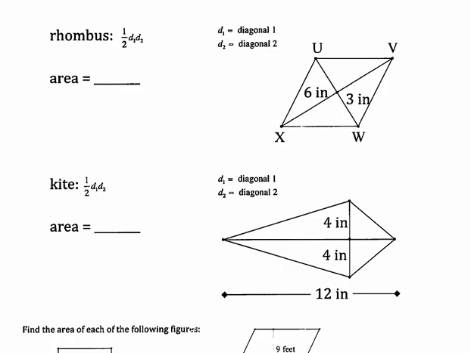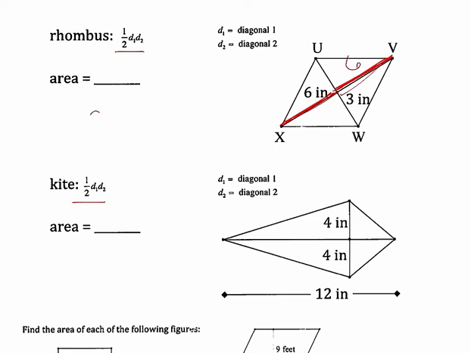Ones that may be new to you are the rhombus and the kite. The nice part is they both use the same formula, 1/2 diagonal 1 times diagonal 2. So when you see D1, that's talking about the length of the first diagonal, and D2 refers to the length of the second diagonal. So we may have to use a few properties of the rhombus to figure this out, but what we have is this. This length of the rhombus is 6, and since we know it is bisected as a diagonal, it's also 6 on the other side.